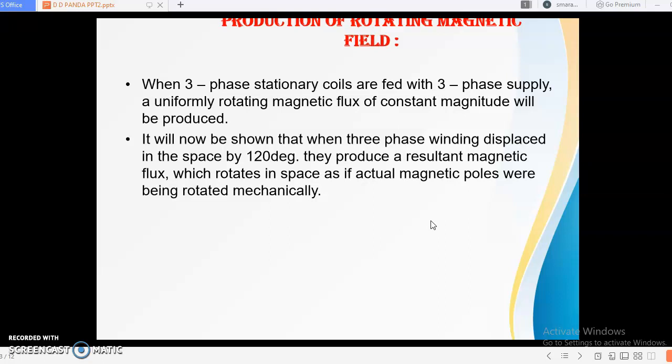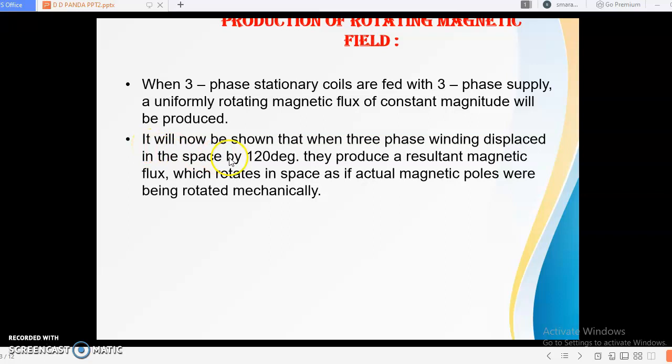And here, as we are dealing with a magnetic circuit consisting of magnetic poles, we will experience a magnetic flux. And a uniformly rotating magnetic flux will be produced which will have a constant magnitude as the three-phase supply throughout the operation is constant.